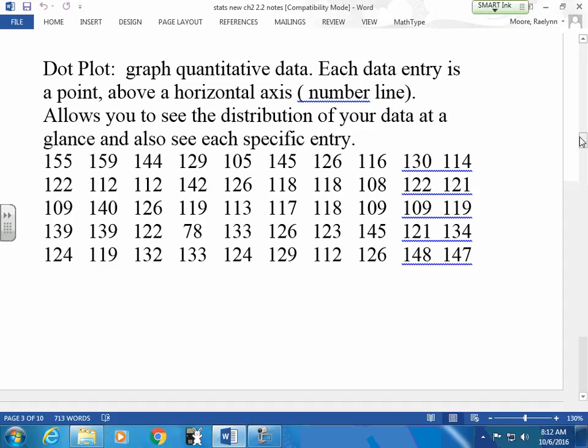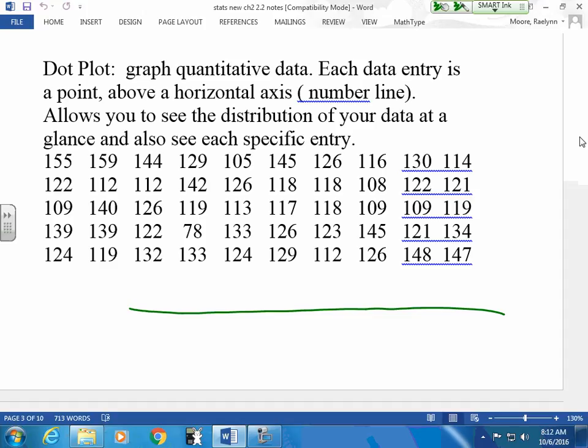If you turn to page 57. They make a horizontal axis, a number line, and unfortunately this data isn't arranged from highest to lowest either, but you're going to take your lowest number and your highest number.